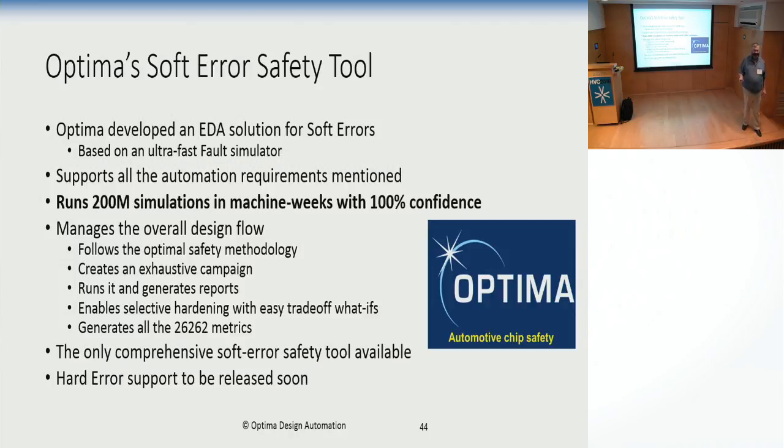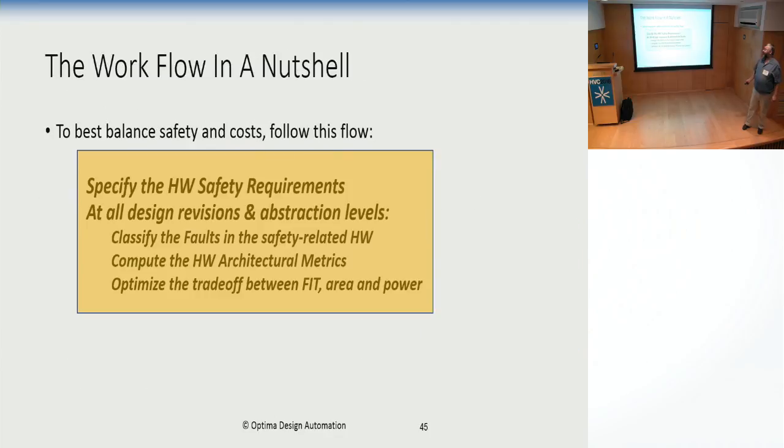You need to start thinking about safety, you need to start learning the standards, and you need to start thinking, how are you going to prove that your design is safe enough to go into all the huge markets that are opening up in this decade, in the next decade, all requiring safety. So, the bottom line, workflow: you need to specify your hardware safety requirements, and for every design revision and every abstraction level, rethink about these things.